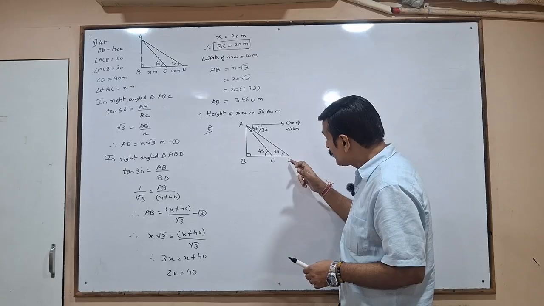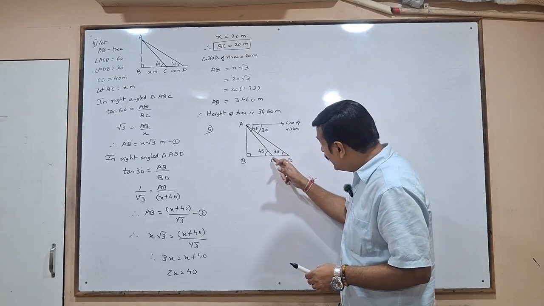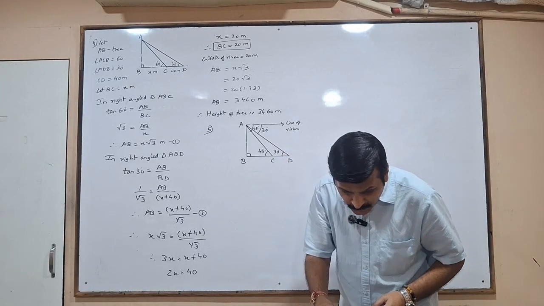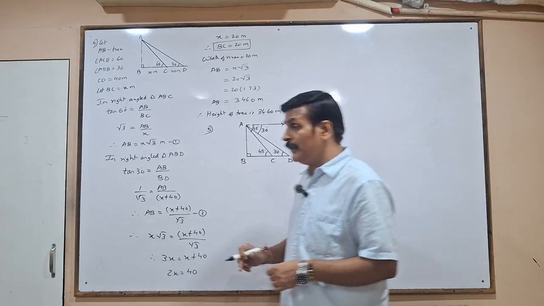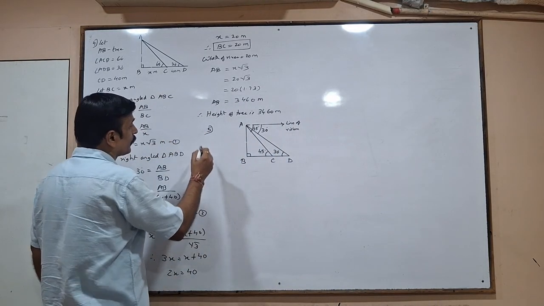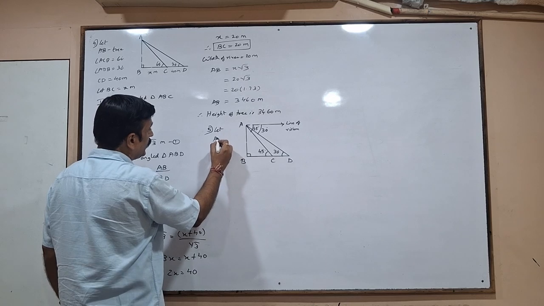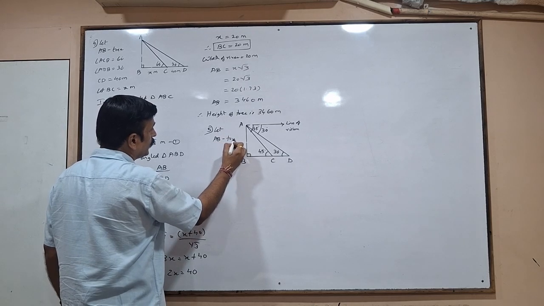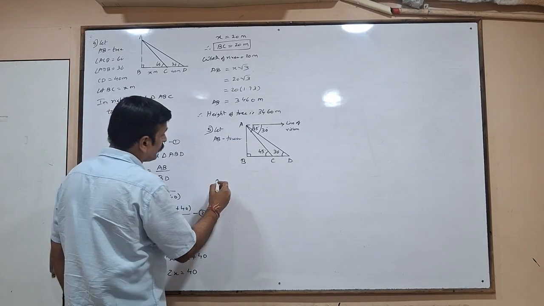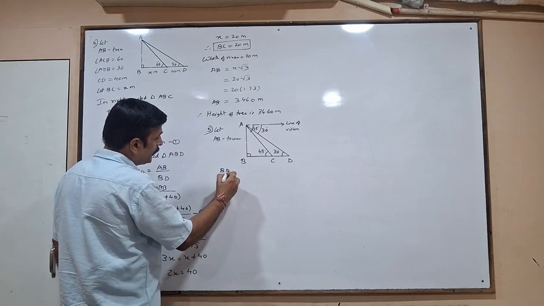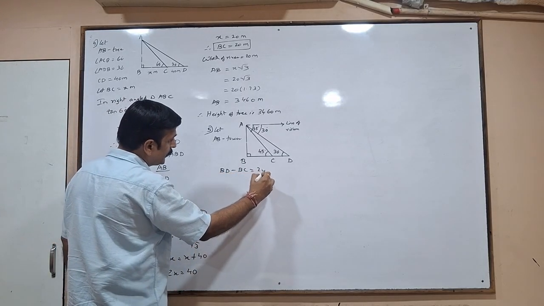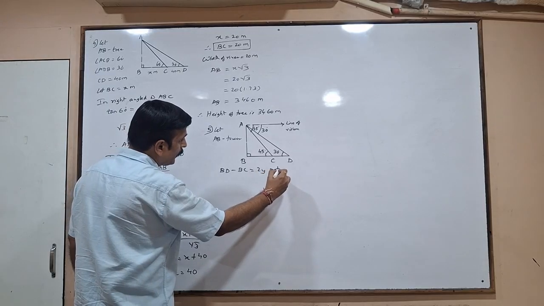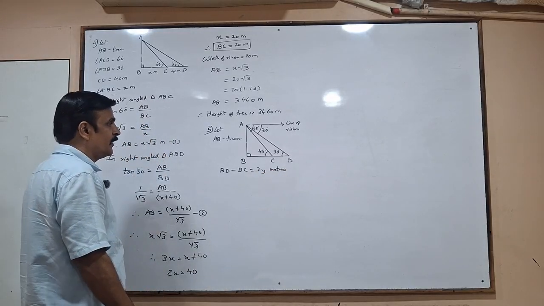So BD is greater than BC, and by how much? By 2y meter. So BD minus BC is 2y meters. It is given.